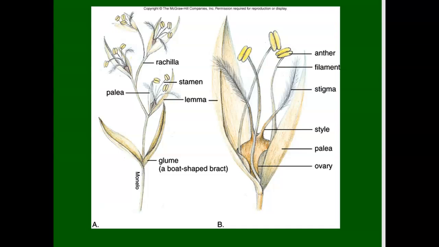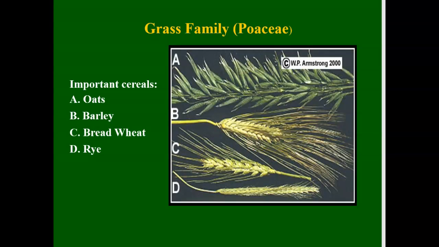Even the grasses that grow in your lawn, if you don't cut them, will develop these structures. They do have a few special structures that we're not going to go through right now, but there's glumes and lemmas and things like that. The anthers tend to look fairly similar to the other anthers that you've looked at, but the stigmas are quite different on grasses. Here's a few pictures of oats and barley, bread wheat, and then rye.